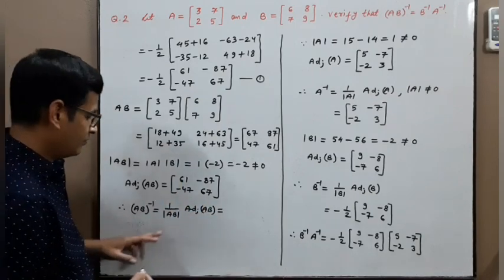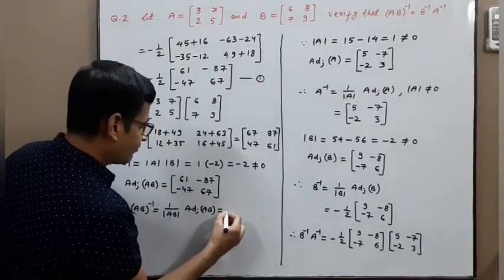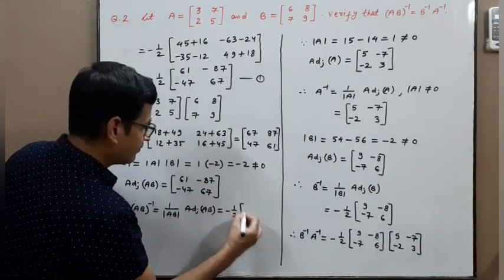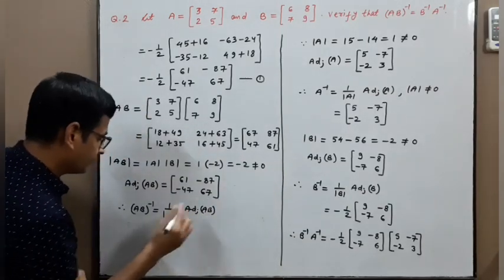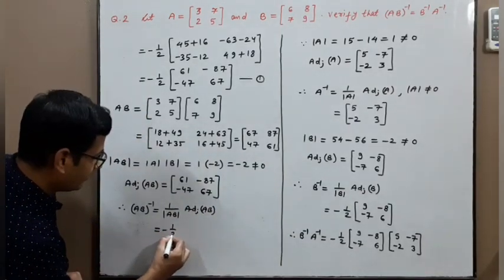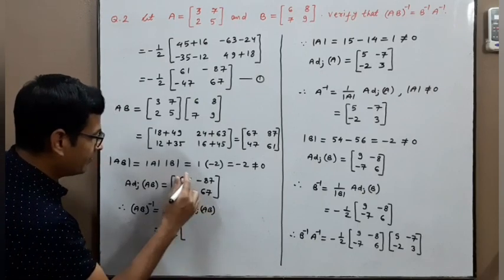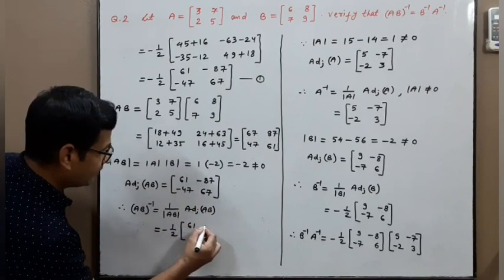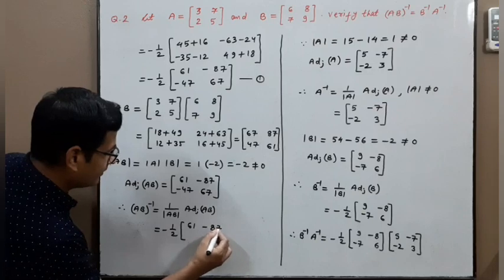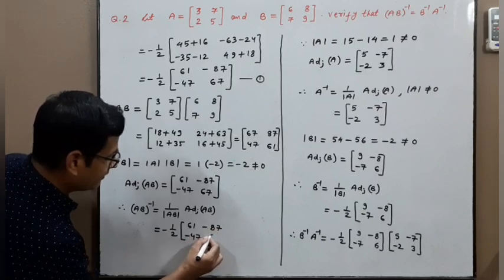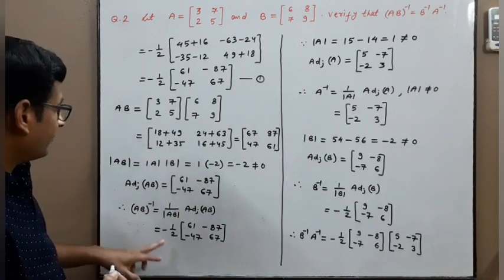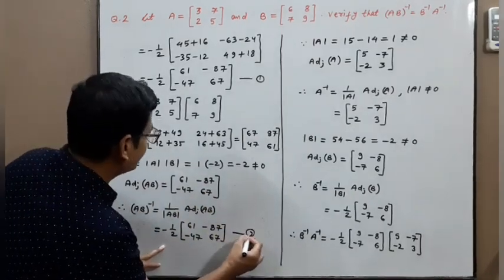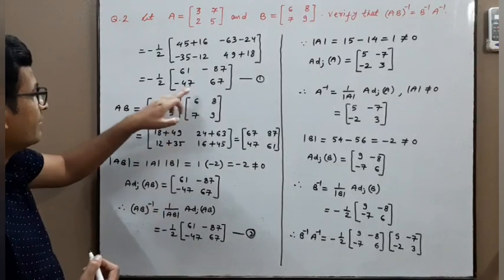Determinant AB is minus 2, so minus 1 by 2 and adjoint AB [61 -87; -47 67]. Now this is the value of AB inverse. Give this equation number 2 and this is equation 1.